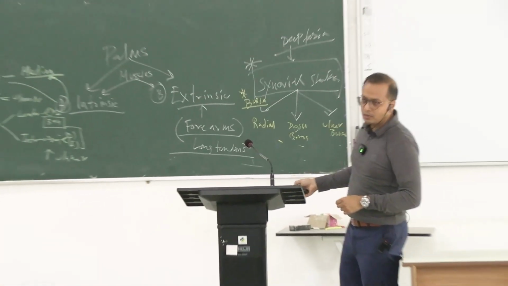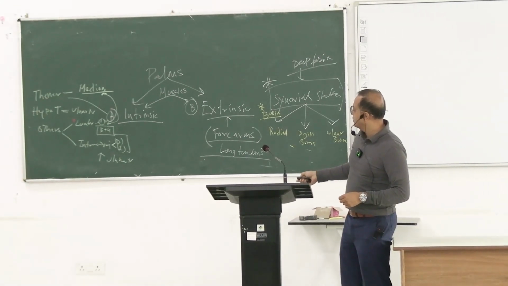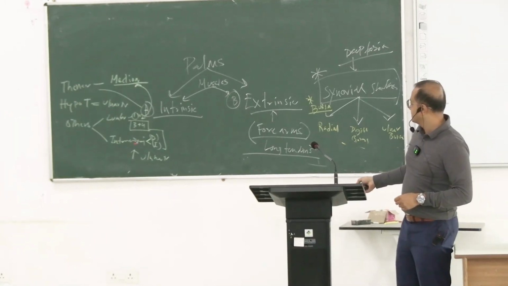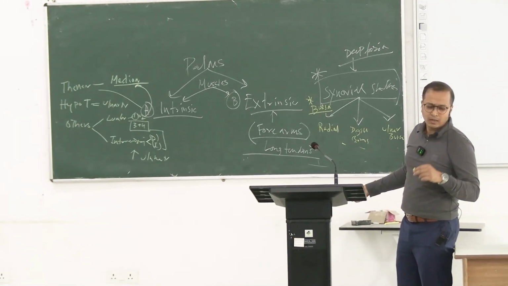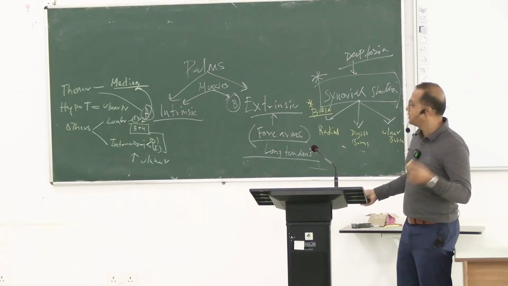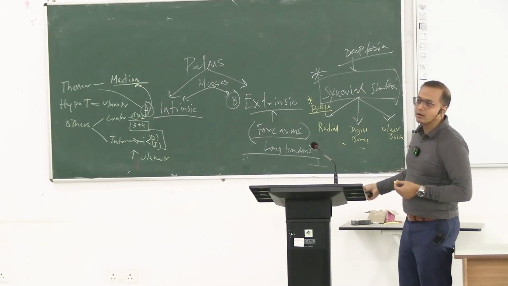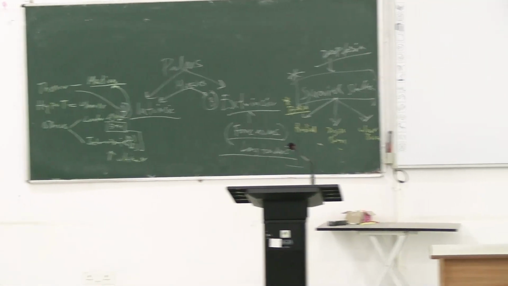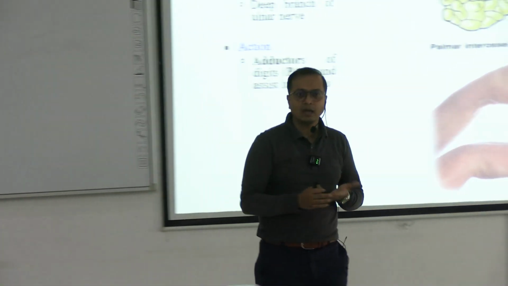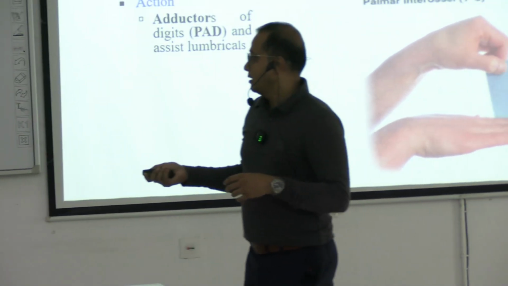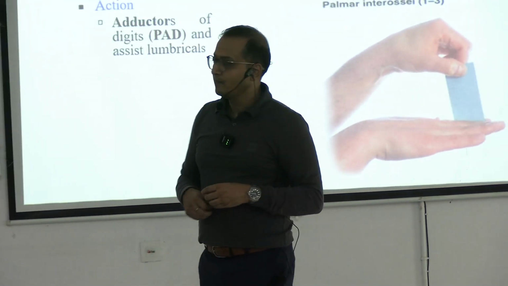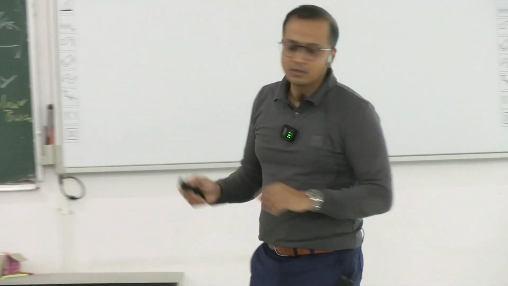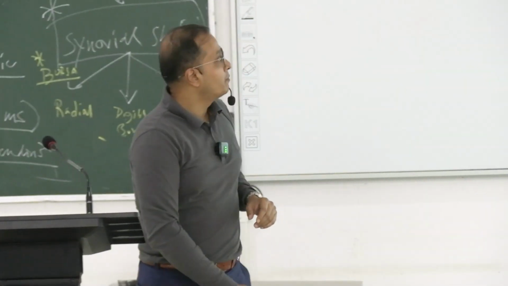The hypothenar muscles, lumbricals 3 and 4, and all the interossei, dorsal and palmar, are supplied by the ulnar nerve. So the majority of the intrinsic muscles in the hand are supplied by the ulnar nerve, and the thenar muscles and lumbricals 1 and 2 by the median nerve.